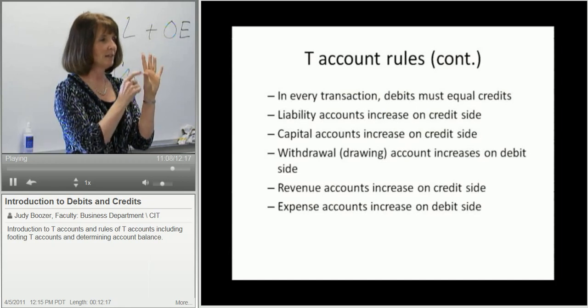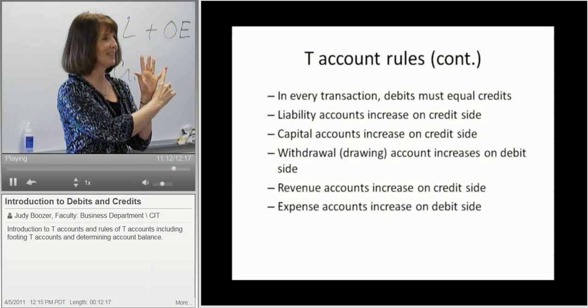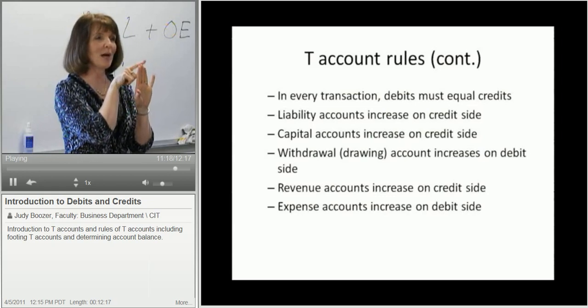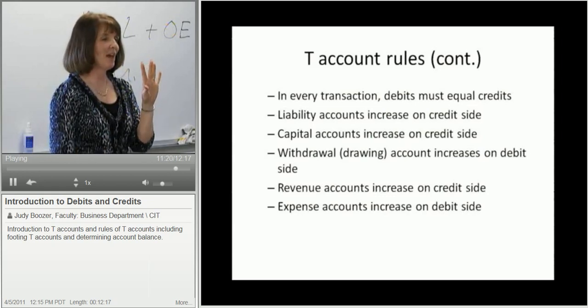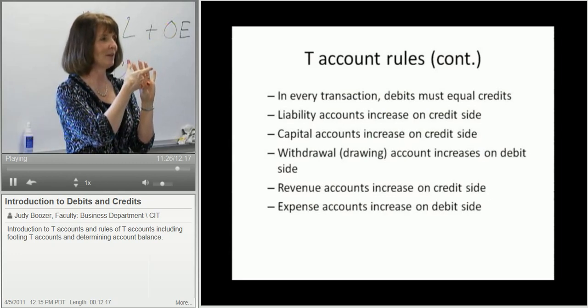What are they? Assets, and what's the last one? Expenses and withdrawals. These all increase by crediting them, and they are liabilities, capital, and what's the one following capital?